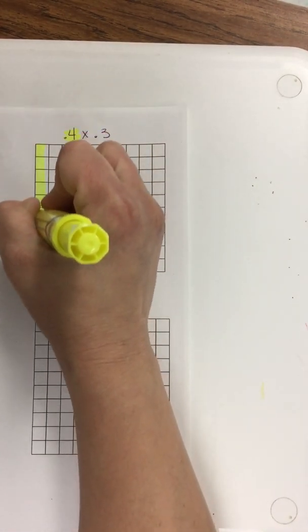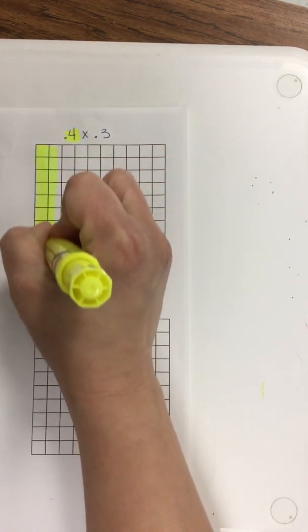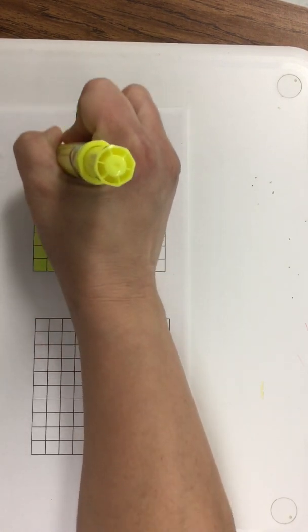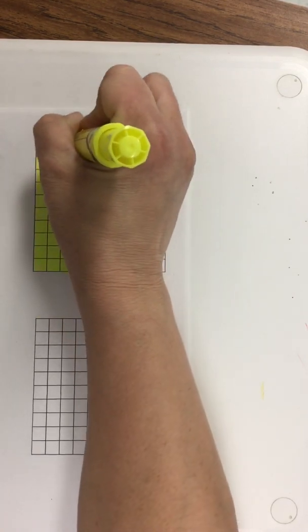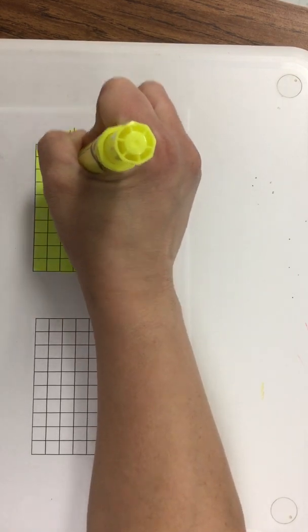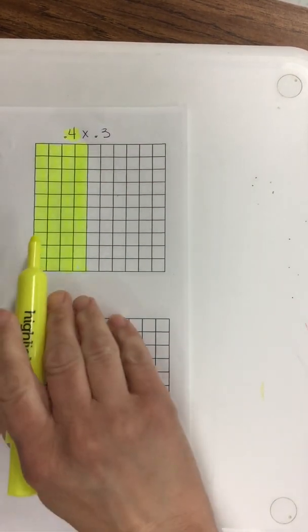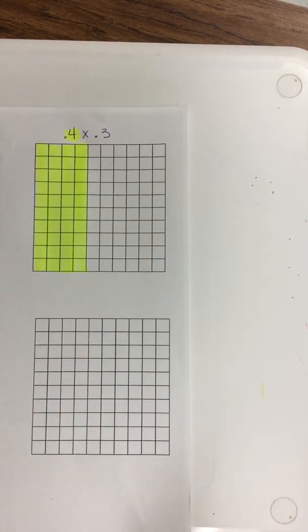So vertically, I'm going to shade in 4 columns. Okay, so I have 1, 2, 3, 4 columns. That's 4/10.